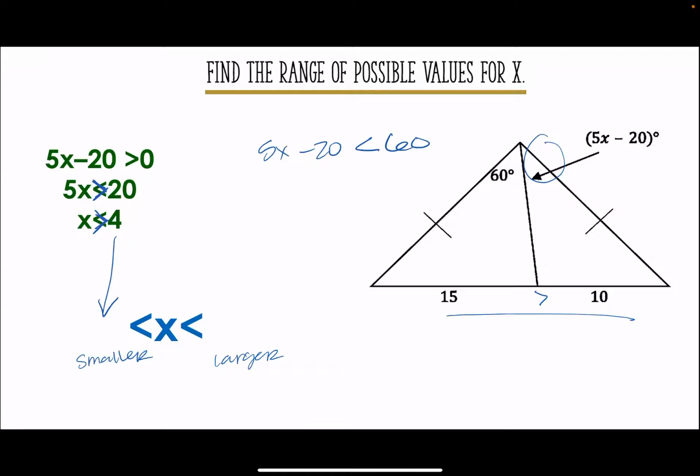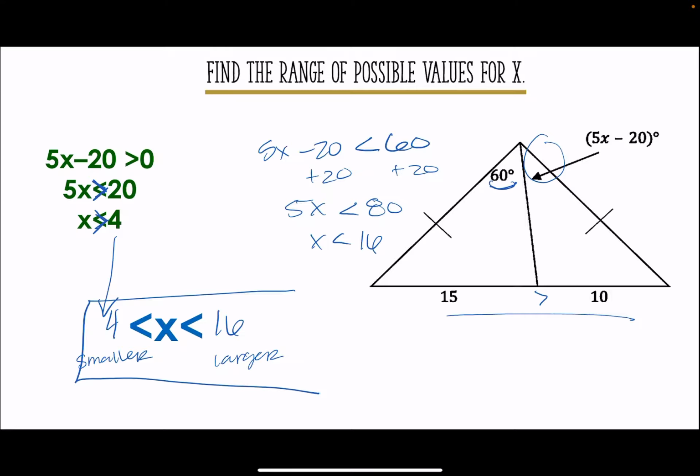So it has to be smaller than this, which means that we're going to add the 20 over, and you get 5x is less than 80, which means x is going to be less than 16. So your 16 goes here, and this would be your answer. And if you're having issues seeing this first set of inequalities, here you go.